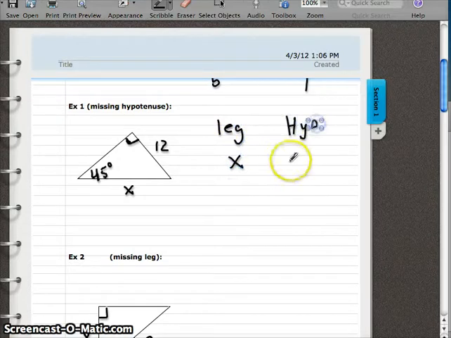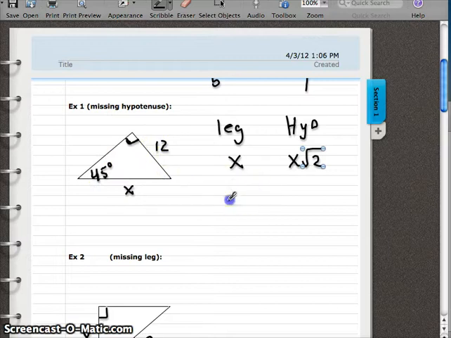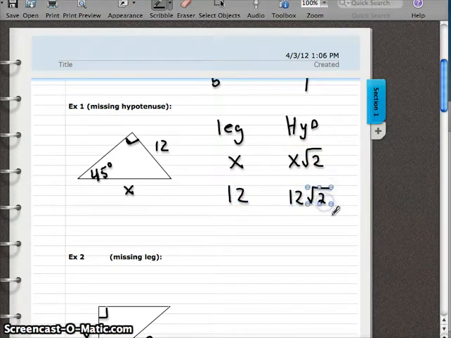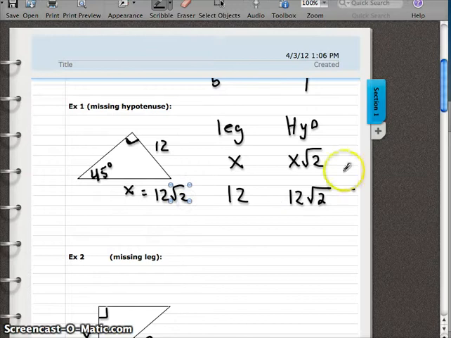Our hypotenuse will be whatever that is times the square root of 2. So because we're given a leg value, it's 12, then we stick that at the front and substitute x with 12. So our hypotenuse length is 12 times the square root of 2, whatever that decimal value is.